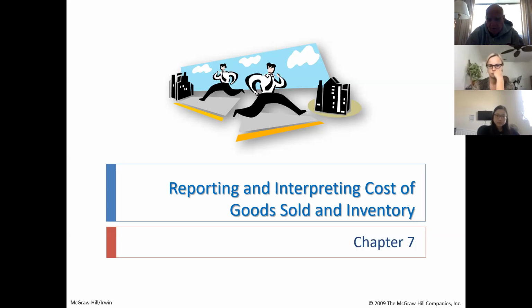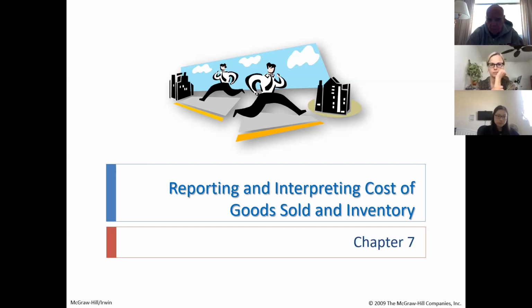What we're going to learn now is that we will subtract from the net sales something called cost of goods sold, which is simply what we paid for the goods that we sold. And we're going to talk about different methods of coming up with that cost.